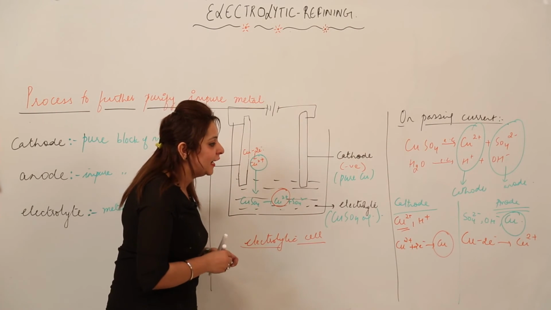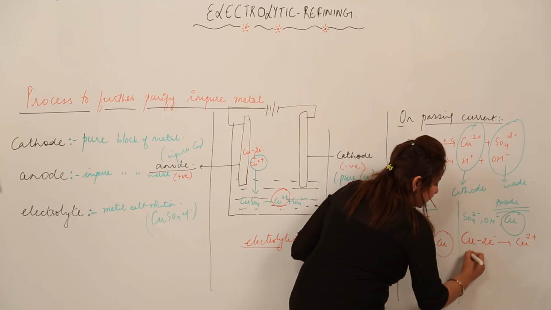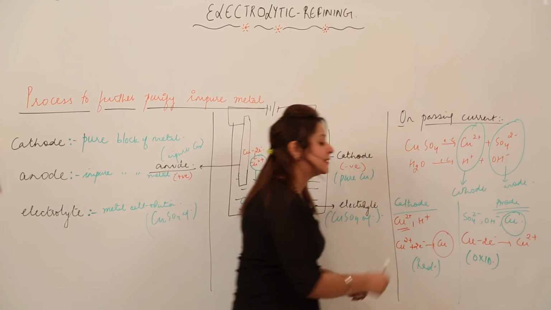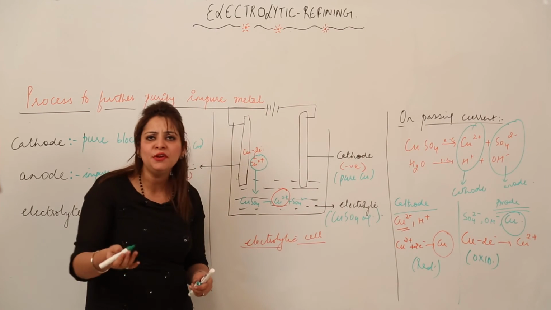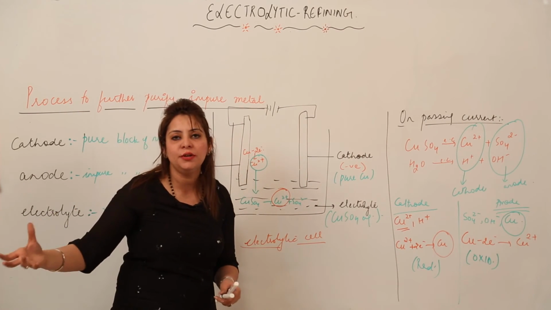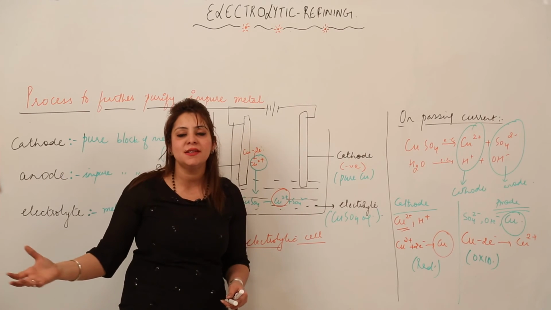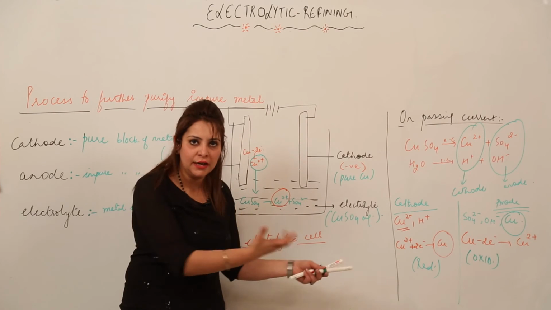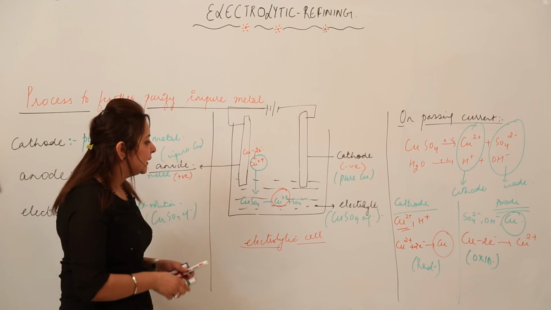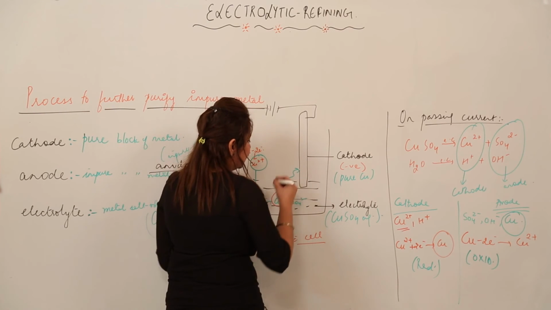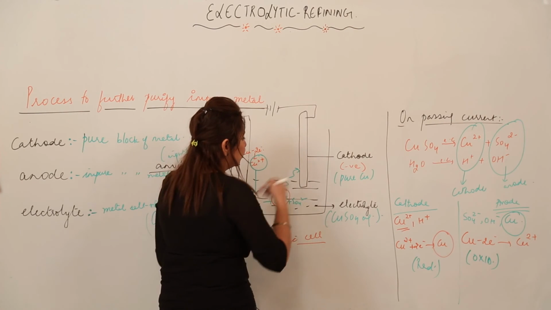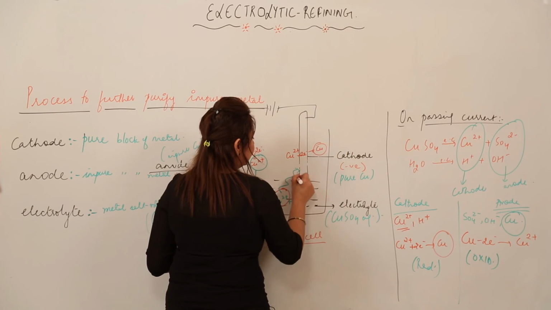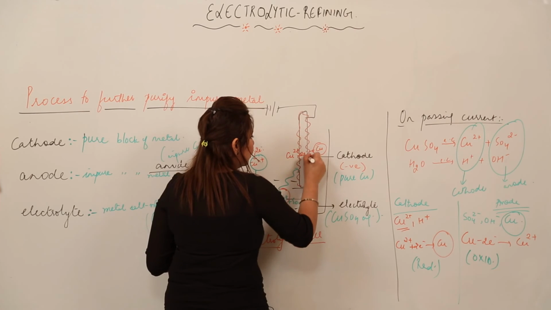So this is the kind of reaction: oxidation takes place at the anode and reduction takes place at the cathode. You know that the same reactions which we were doing in electrolytic reduction, in the basic electrolysis, or in plating, are applicable here as well. So these Cu2+ ions move here, and they gain their electrons back, that means reduction, and the cathode gets coated with pure copper.